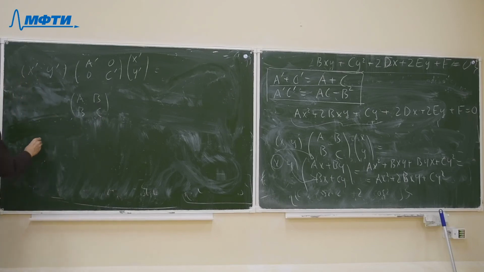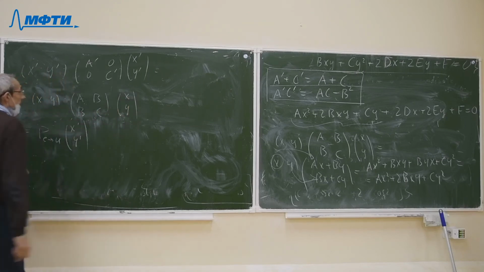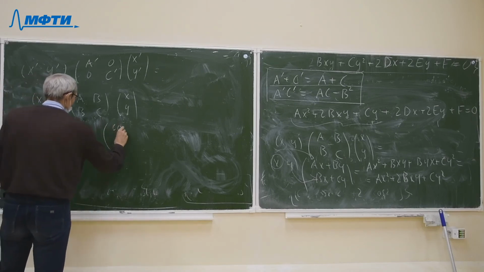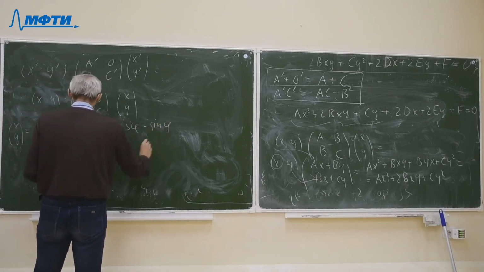We have the following transition matrix, which expresses the coordinates of the point in the old system in terms of the coordinates of the point in the new system, and using the transposition operation, this equality we can write in the following form.